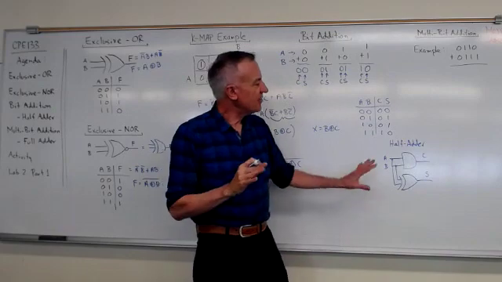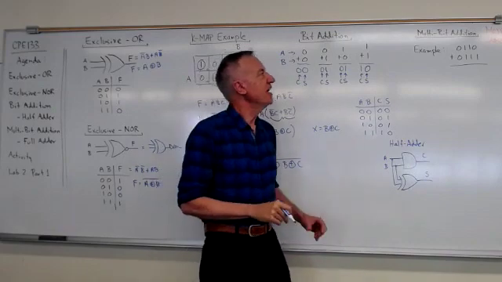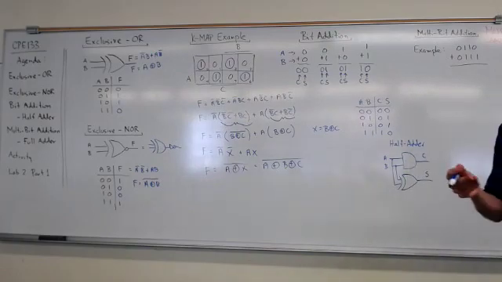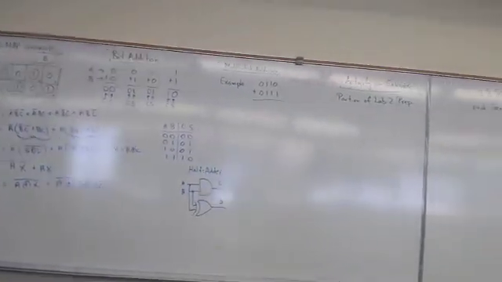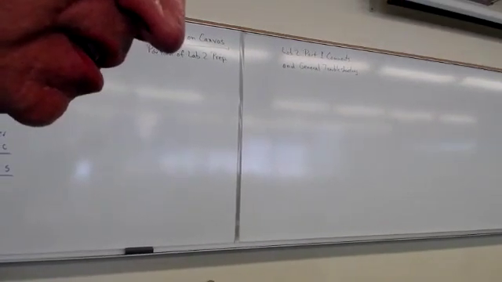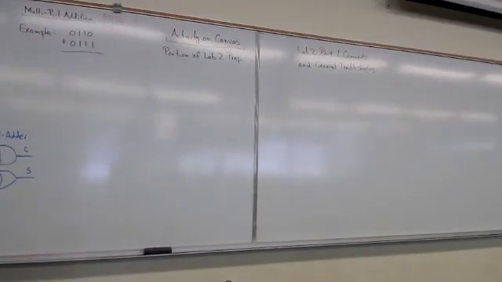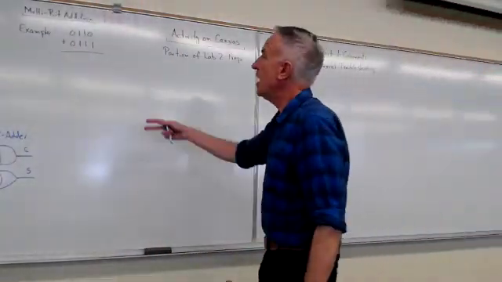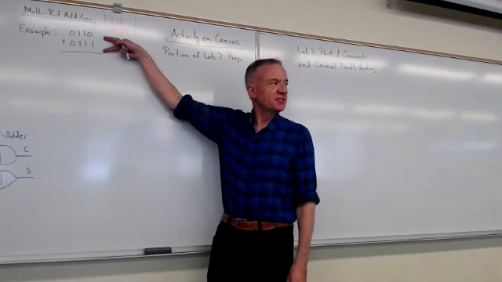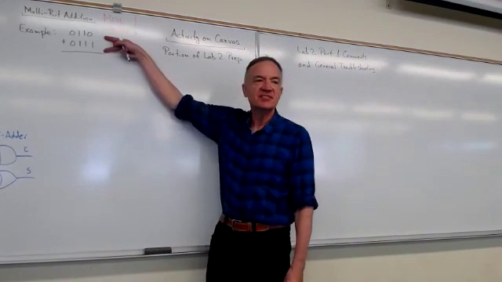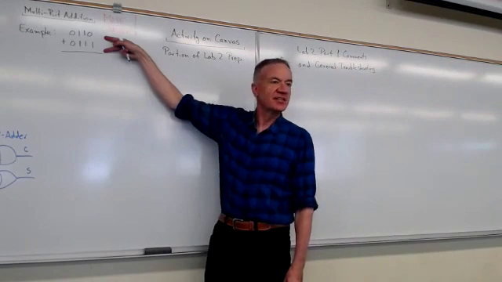Now, half adders, all fine and good. However, most of the time, when you're doing meaningful addition in binary, you have more than one bit, you have multiple bits. So for example, adding multiple bits like these two is more practical than just single bits.